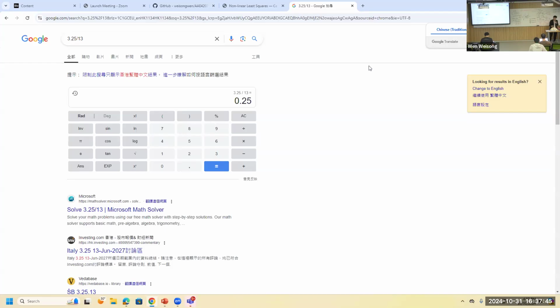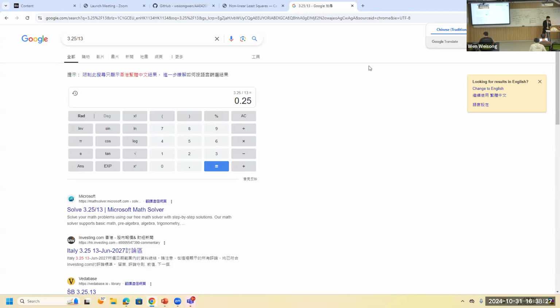Let's make a practice. Please do the practice by yourself, following a similar process to calculate this minimization problem. Calculate x and y to minimize this equation.